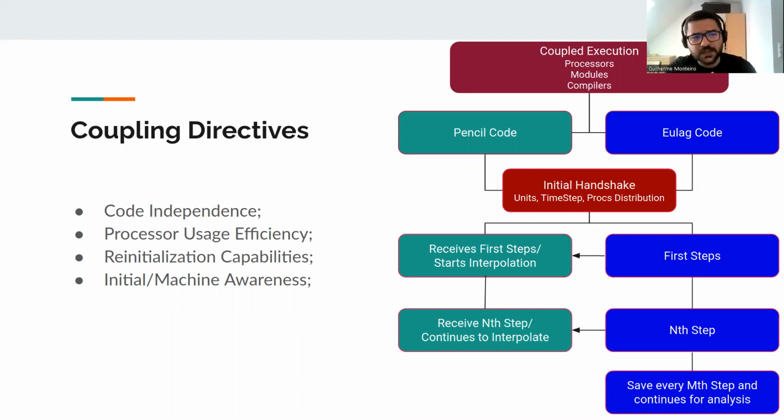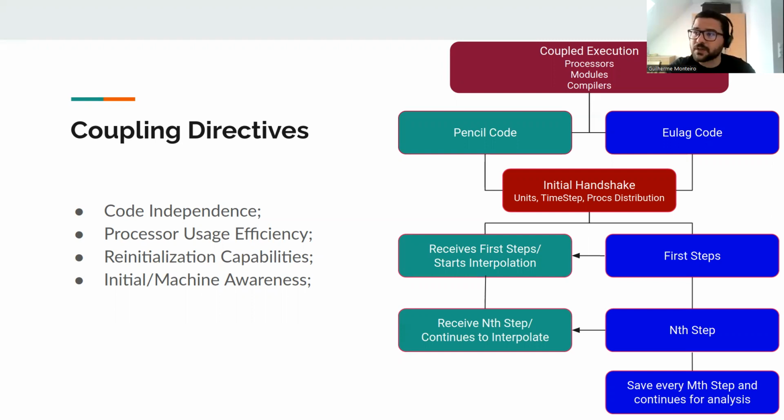Some things that we wanted for the codes to have is to be independent. So we altered the codes so that if we had a coupled experiment, it will recognize, okay, there is another code running beside me, and I'll have to address it.